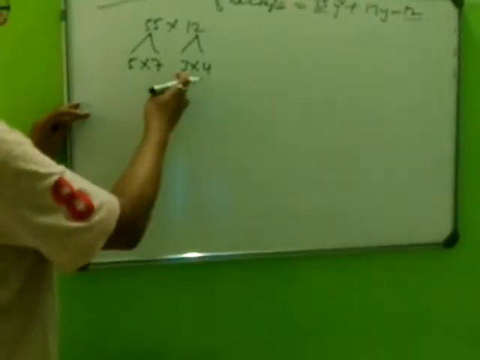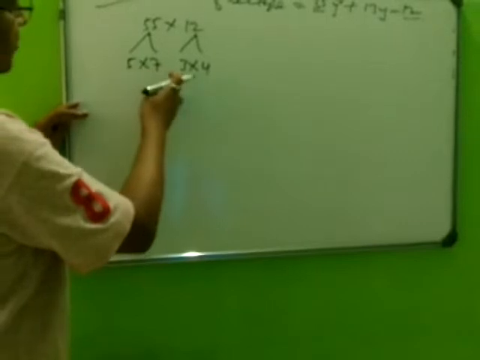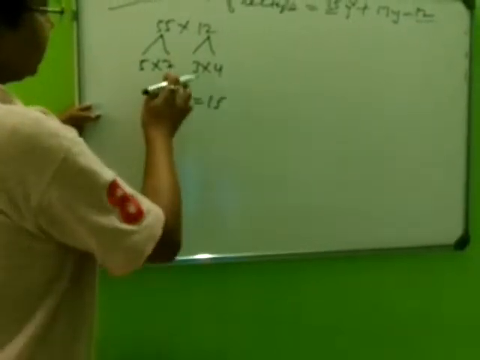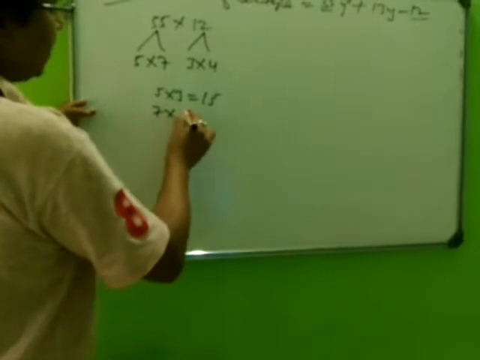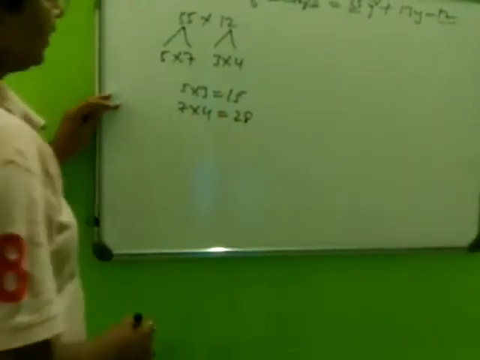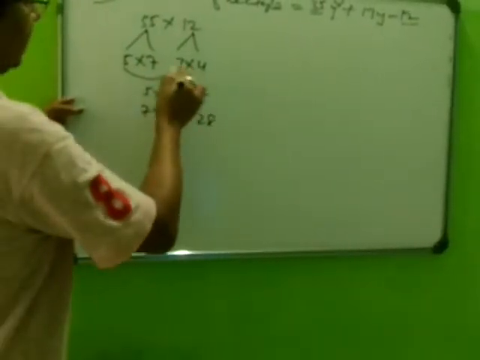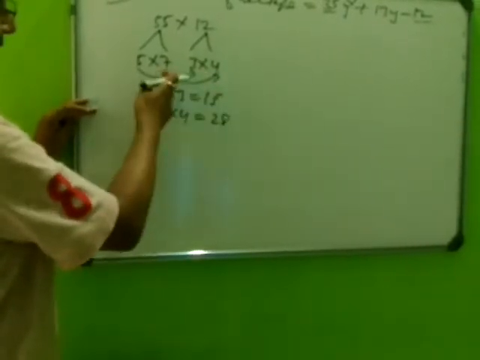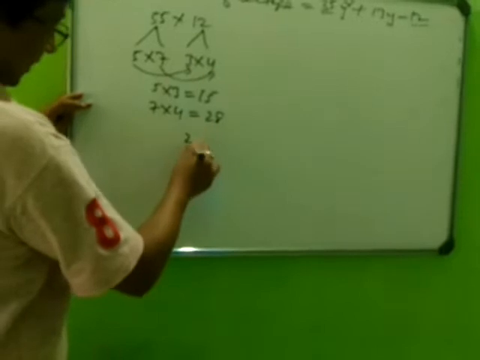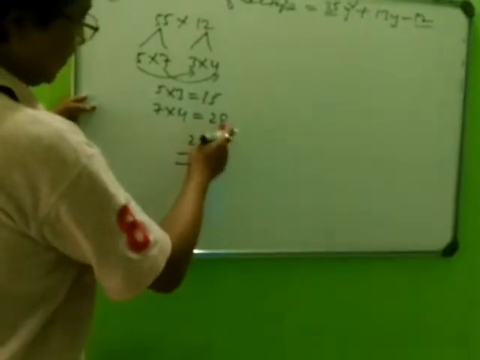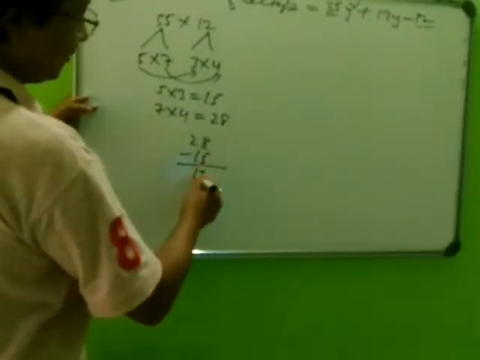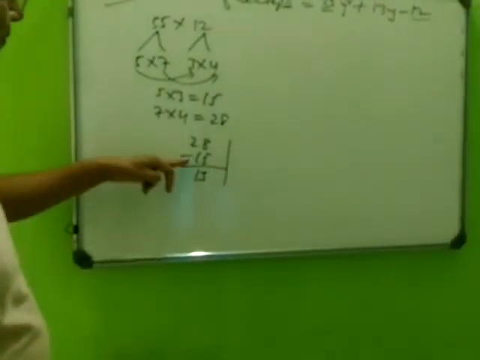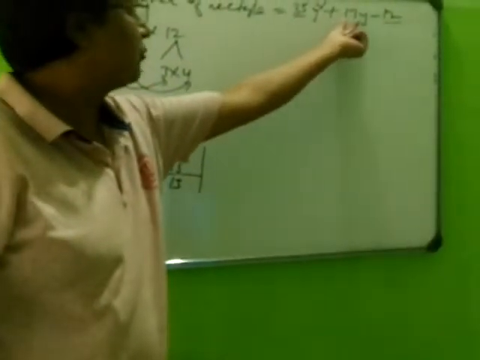Now let us exchange. Suppose 5 into 3 is 15, then 7 into 4 equals 28. I have taken 5 with 3 and 7 with 4. Then 28 minus 15 is 13.